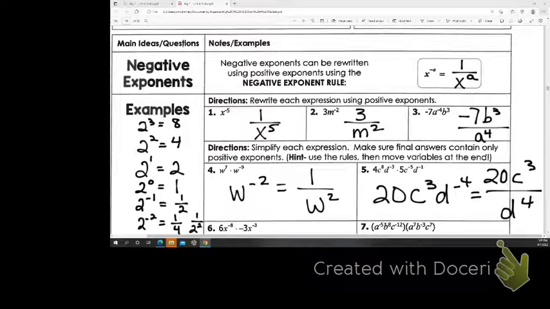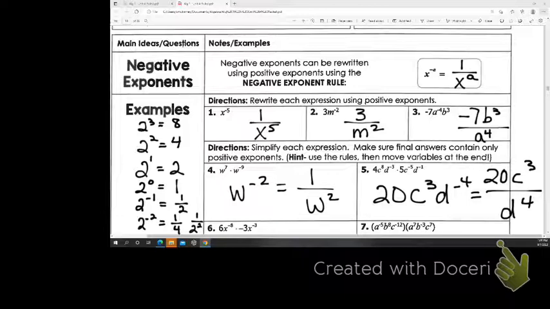Notice with number 2, it was 3m to the negative second. That negative second power is only on the m. So the 3 is going to stay up top, but the m is going to move to the bottom, and now his exponent becomes positive. Same type of thing happens in number 3.